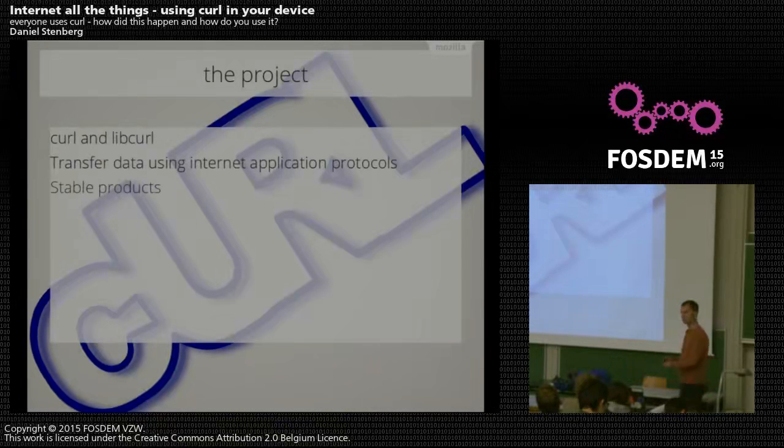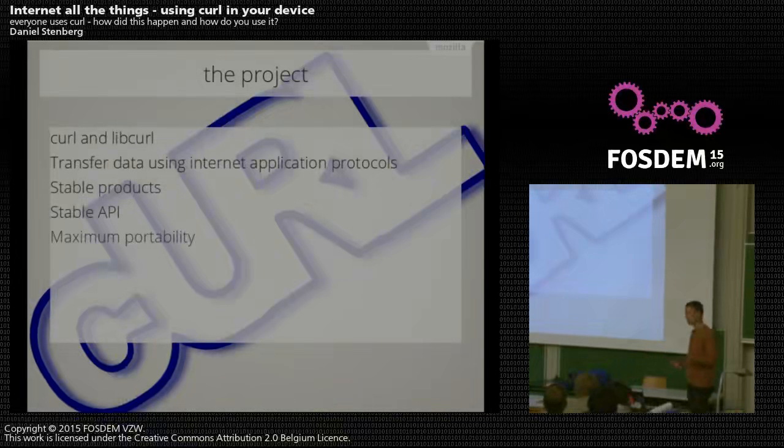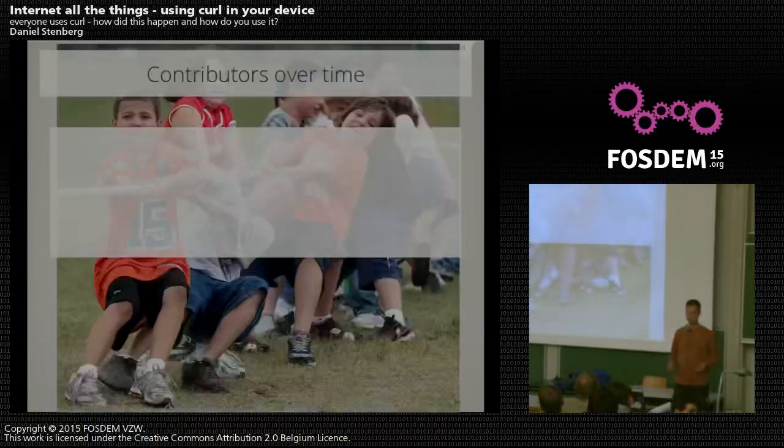We don't really do anything new. We do the same thing as we've been doing forever. We have a stable API. We work on pretty much everything that is 32-bit and has a decent POSIX API, even Windows, if we should call that decent. And it's MIT licensed, of course, I mentioned.